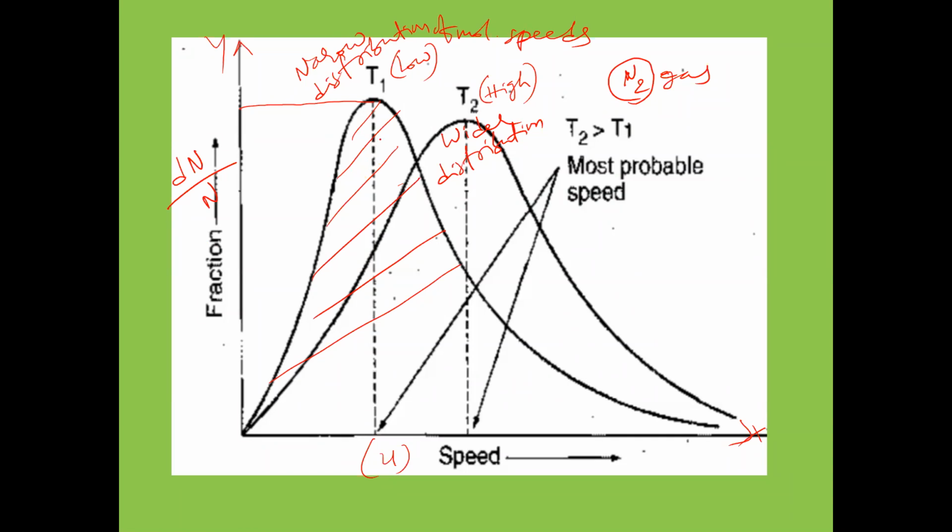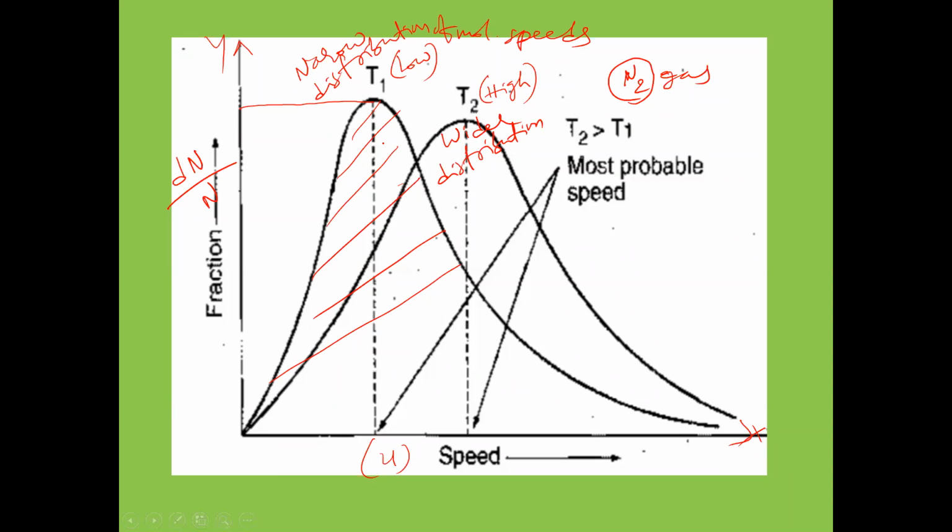The total area under each curve indicates the number of molecules. At low temperature there are X number of nitrogen gas molecules, and at high temperature the same X number of gas molecules remain. The number of molecules does not change when we increase temperature. That is why the total area under each curve remains constant, meaning the total number of gas molecules at the two temperatures remains the same. That is the main point to understand here.